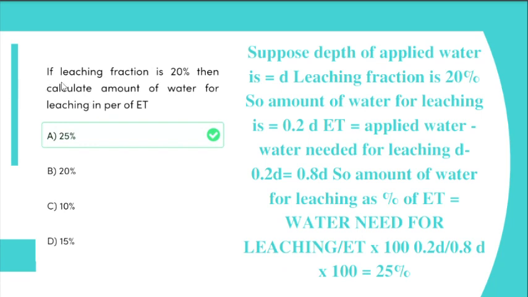Next question. If the leaching fraction is 20%, then calculate the amount of water for leaching as a percentage of evapotranspiration.